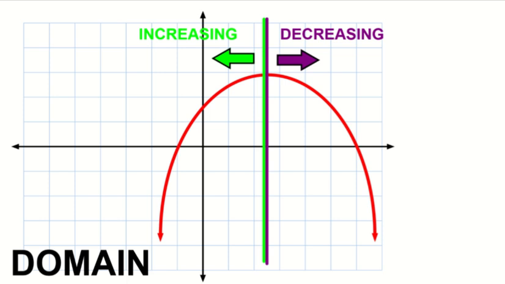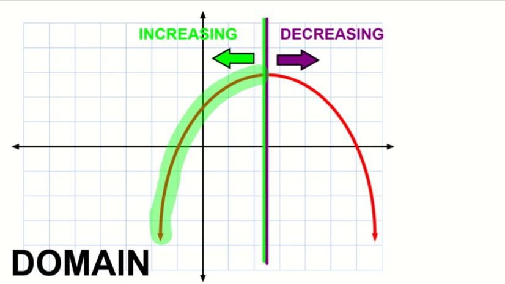Then the other thing you'll see sometimes, and I don't have this on your sheet, should be fairly obvious. We read things in reading, we go from left to right. Math, we generally go left to right. So when you have this part right here, that is where the graph is increasing. It's getting higher.